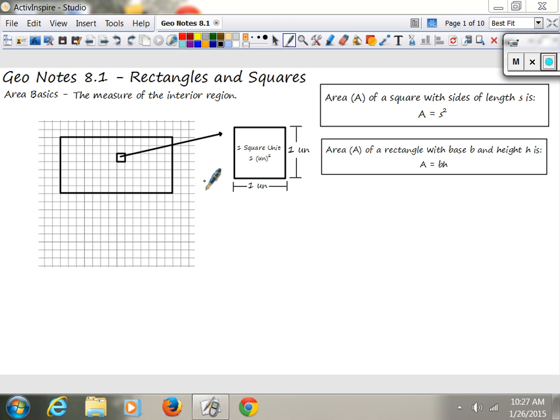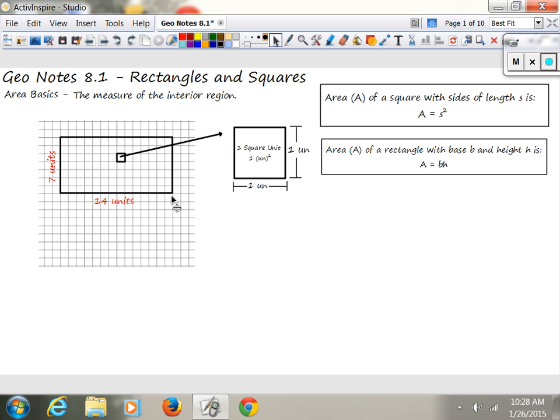So if you were looking at this rectangle, it would be 14 across, and it would be 7 units up and down. Let me count: 1, 2, 3, 4, 8, 9, 10, 11, 12, 13, 14 across.